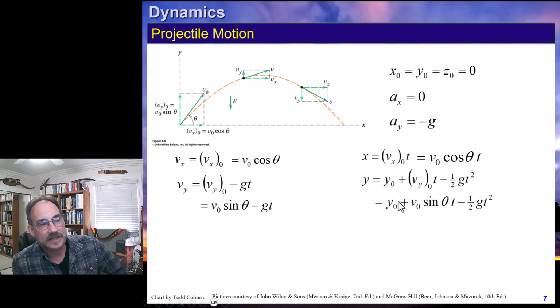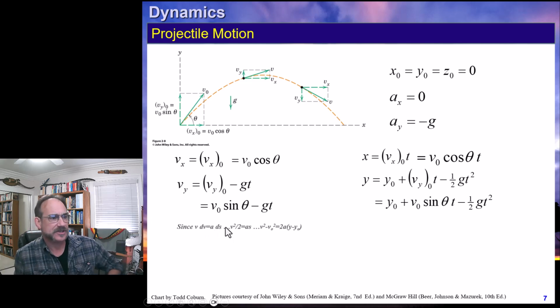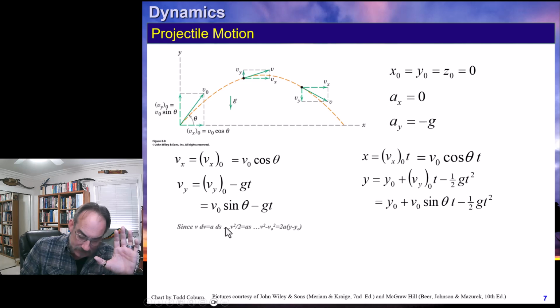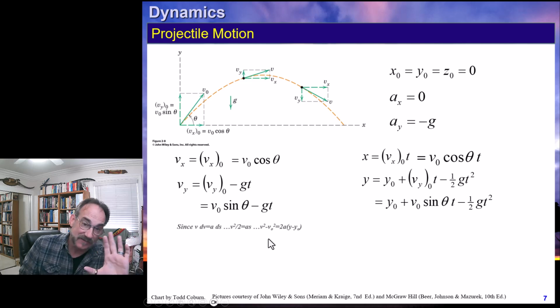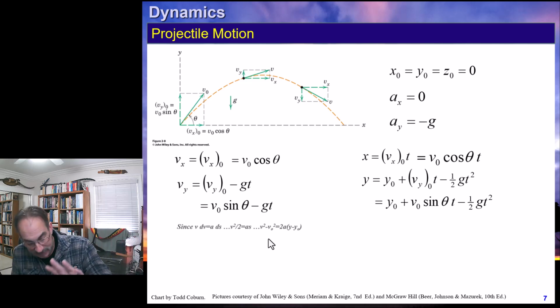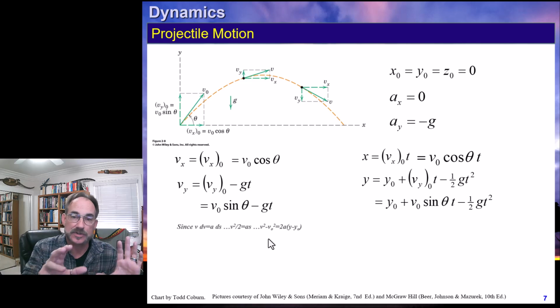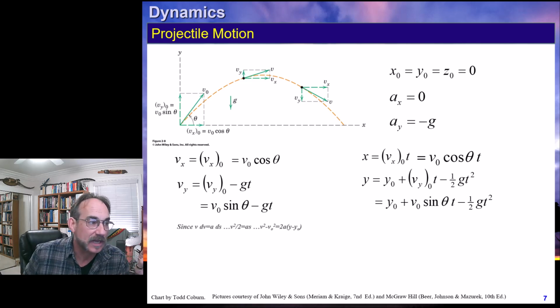We can apply this, plugging in our values. Now we can go back and say, wait a minute, v dv equals a ds. This is just done by, remember we defined this last time where we just took the definition of a as dv/dt, the definition of v as ds/dt, and then just put those together. And we got this relation, v dv equals a ds, not necessarily one that's intuitive, but one that we derived and now can use.